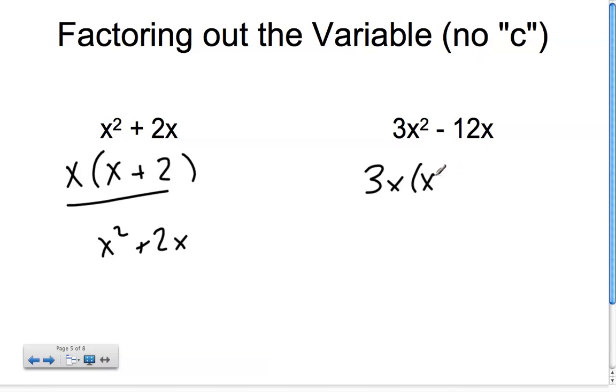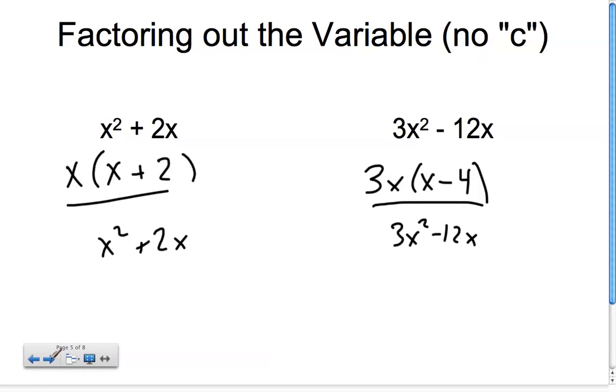Minus, if I were to take out a 3 from 12, I'd be left with 4. And if I were to take out an x from x, well, there's no more x's left. That's all I have. Check by expanding. So if I were to expand this, 3x times x gives me 3x squared. 3x times negative 4 is negative 12x. So I end up back where I started. So that was correct. Okay?